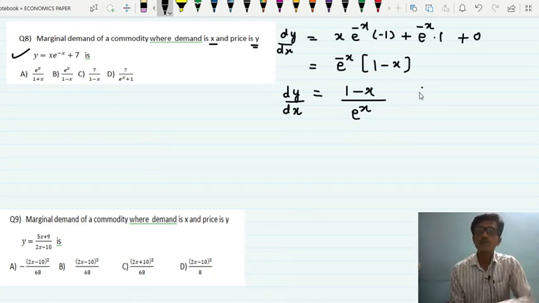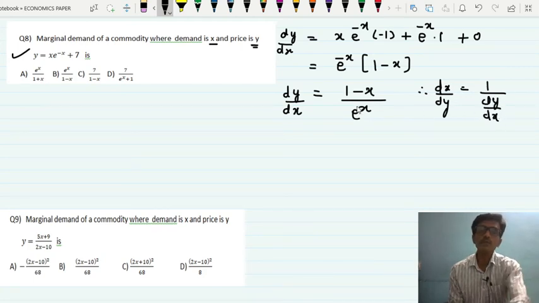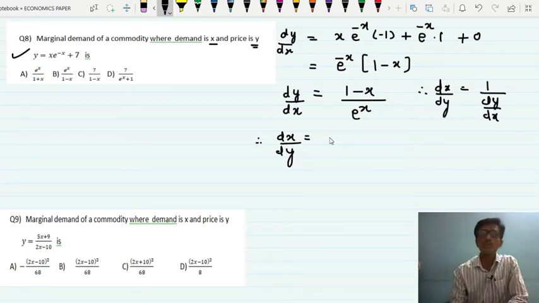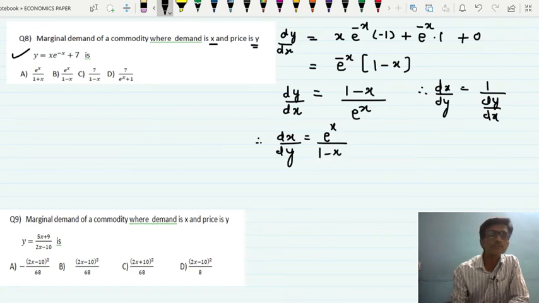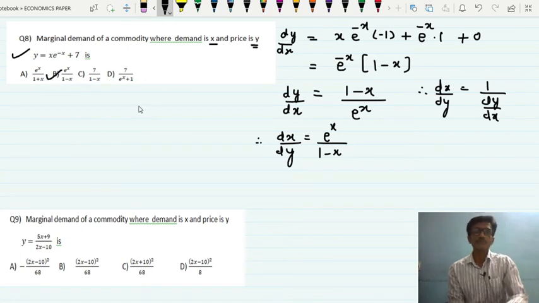So therefore dx by dy is equal to 1 upon dy by dx, so therefore dx by dy is equal to e raised to power x upon 1 minus x. So e raised to power x upon 1 minus x, that is B option is there.